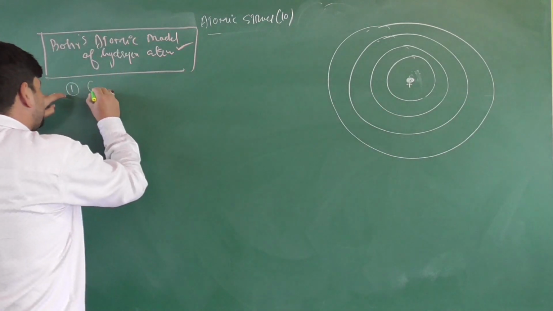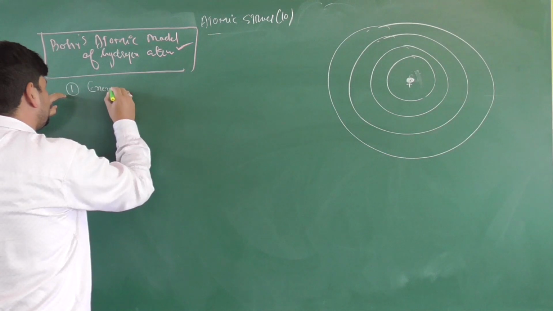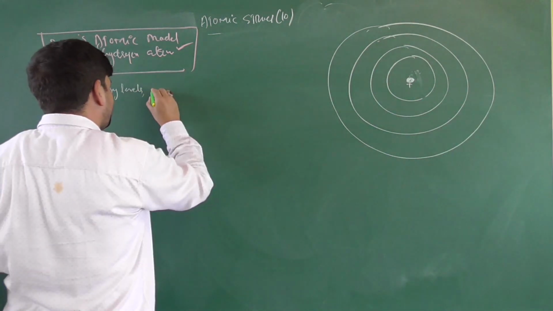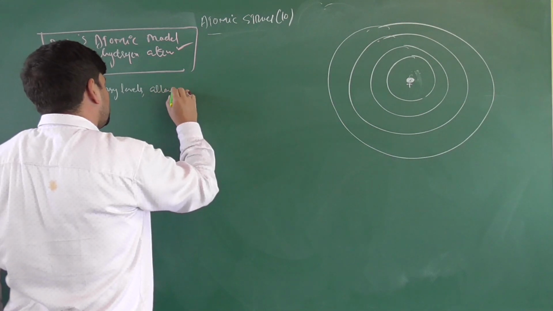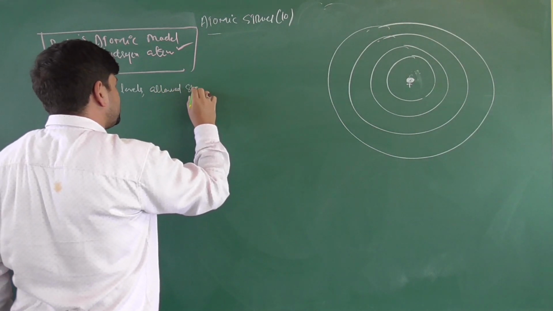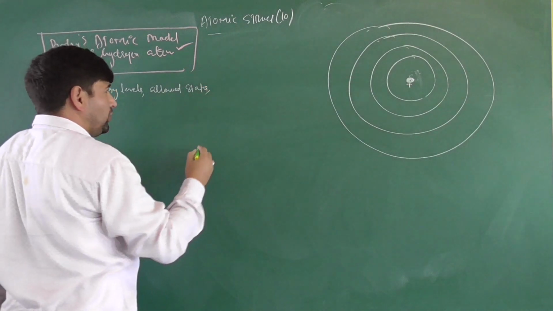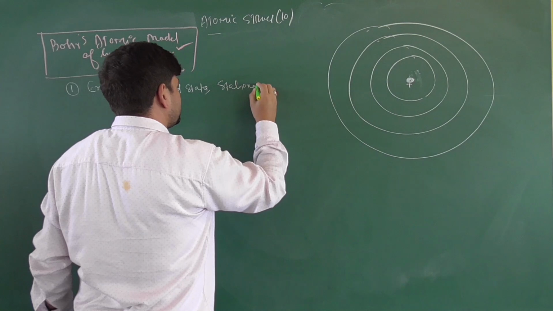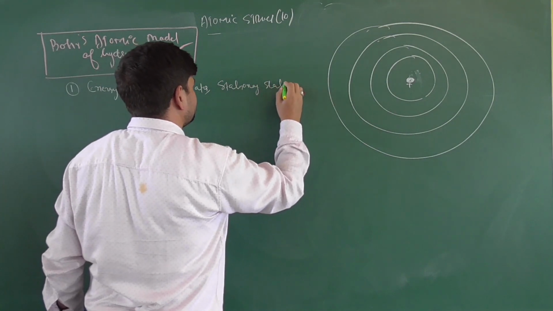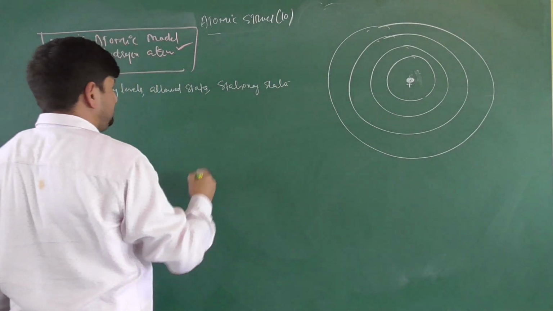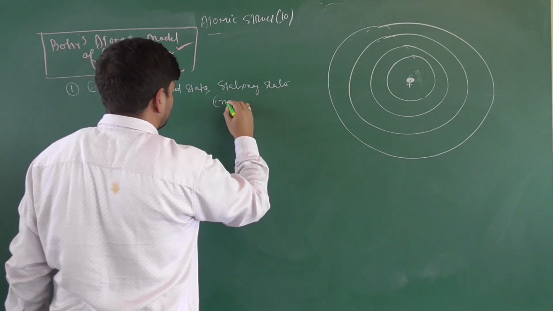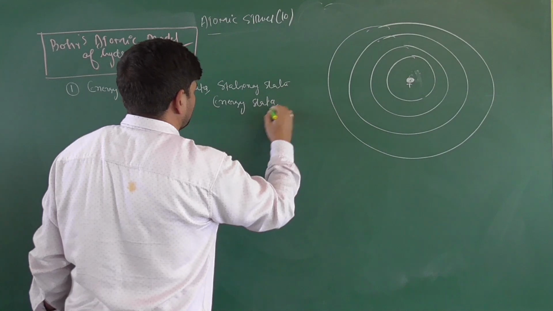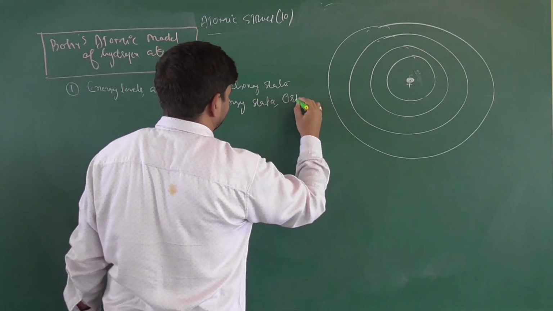He called those energy levels, or allowed states, or stationary states, or energy states, or simply orbits.